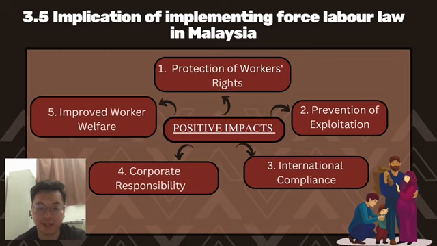The last one is improved worker welfare. Improved overall worker welfare is a result of clear regulations pertaining to pay, benefits, and working conditions. Consequently, this has the potential to improve worker happiness, raise worker well-being, and create a more efficient labor market.